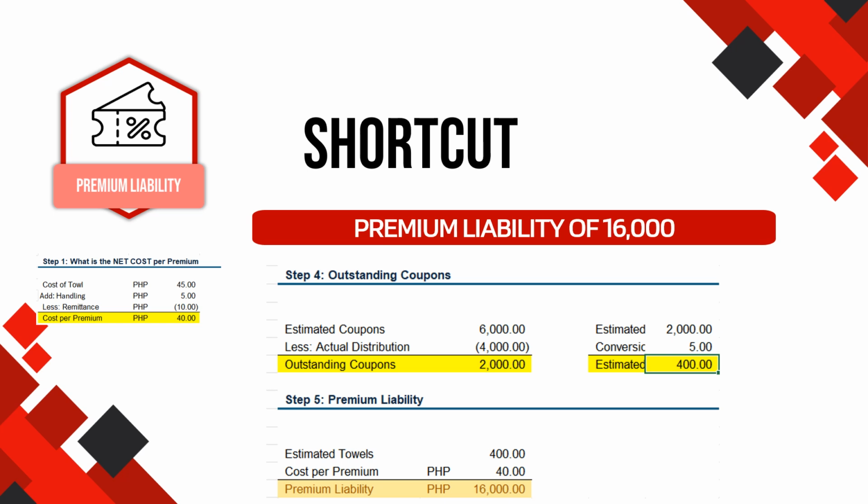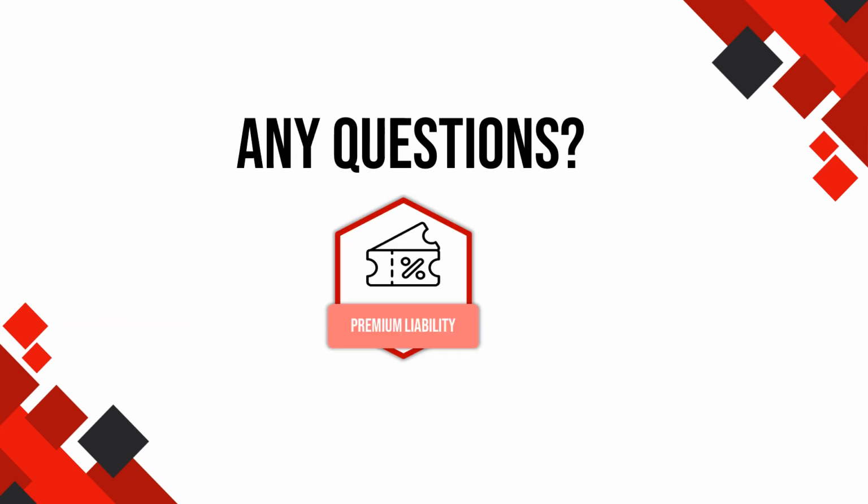So, we have to convert the coupons: 2,000 divided by 5, which should be your 400 estimated soup bowls. So, 400 times 40, the net premium cost, will give you your estimated premium liability. So, basically, that would be your overview when it comes to your premium liability.